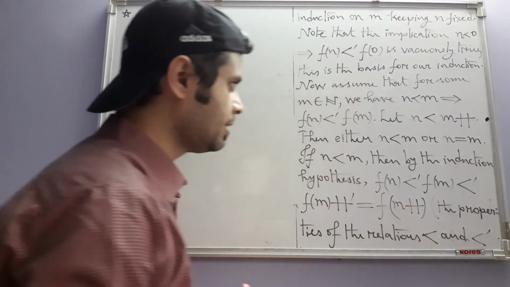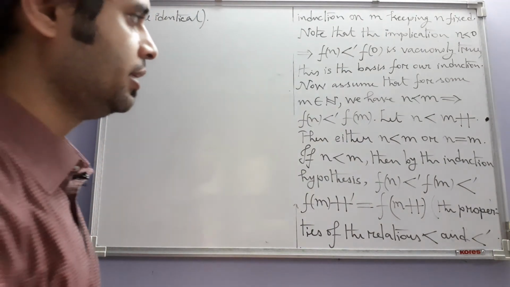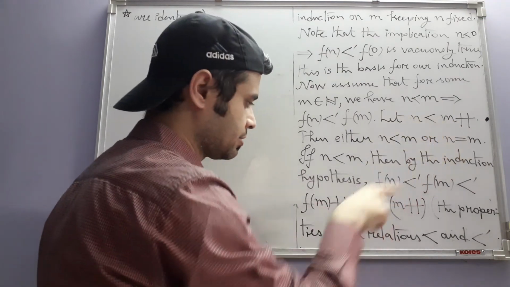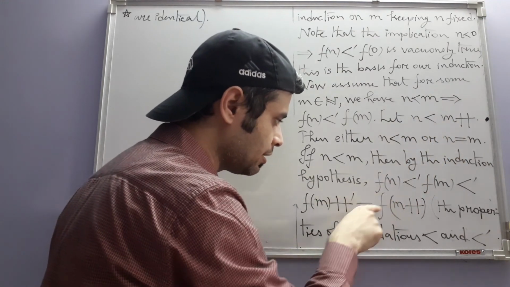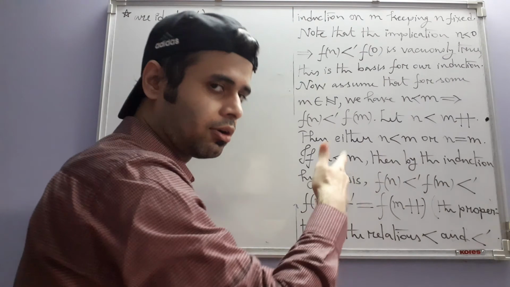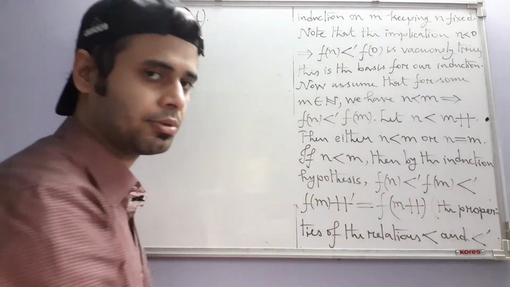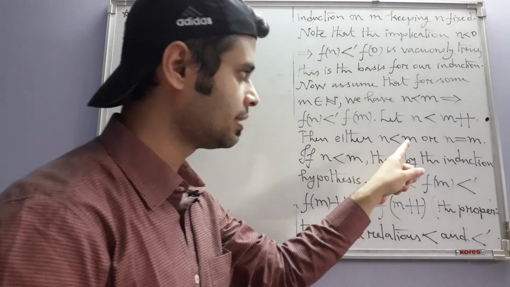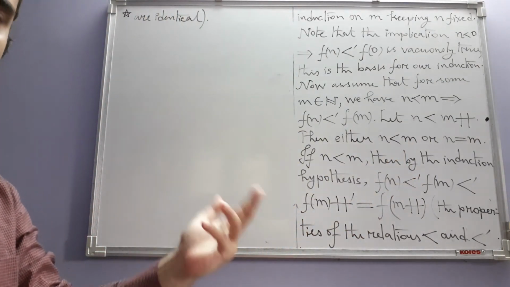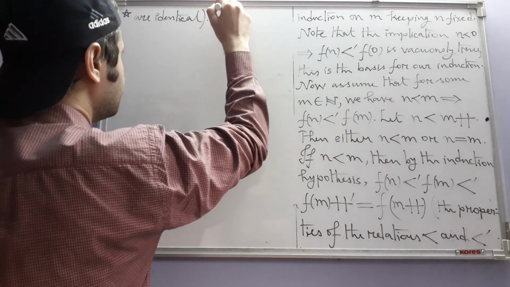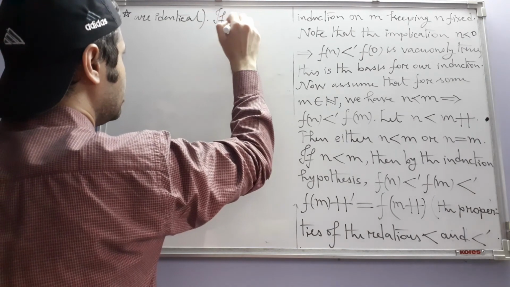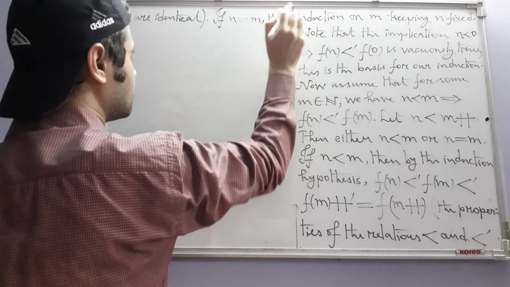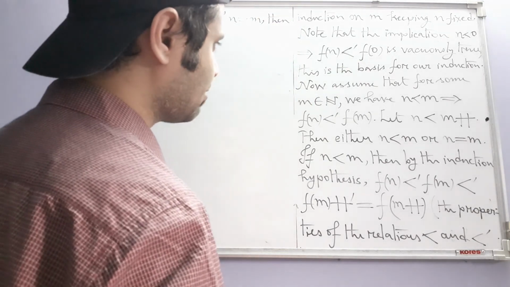So you see that here we have what we need. If n is less than m plus plus, then we have got f of n less than, in the alternative sense, f of m plus plus. But that is under the condition that n is less than m. When we have n equal to m, then I don't think we have to do anything.